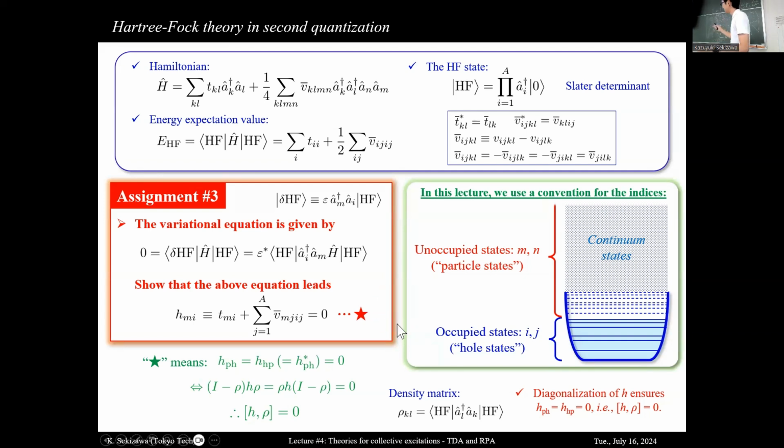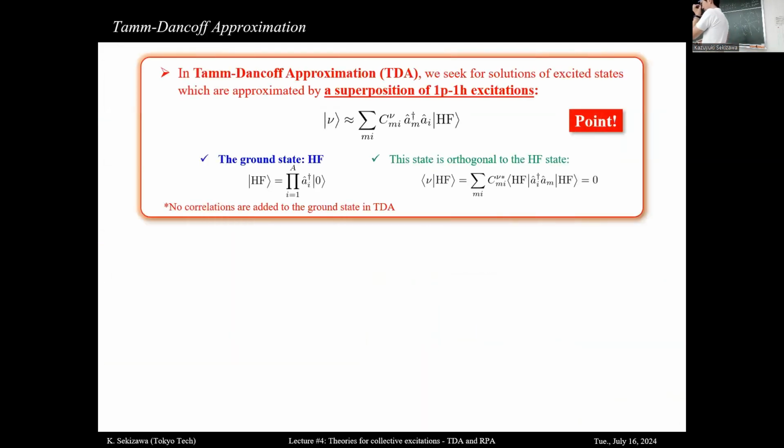Okay, and I will just use this Hartree-Fock state written here and try to develop the theory for the excited states. So, the Tamm-Dancoff approximation. What is this? This is the main idea.